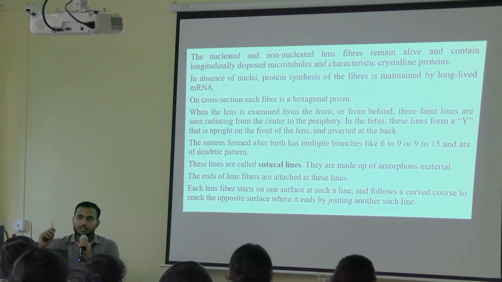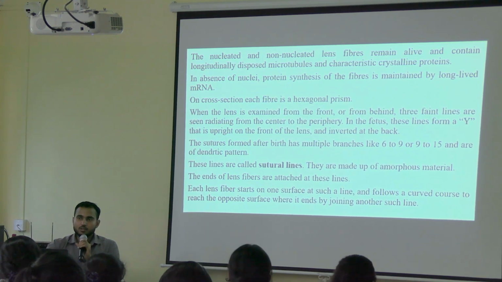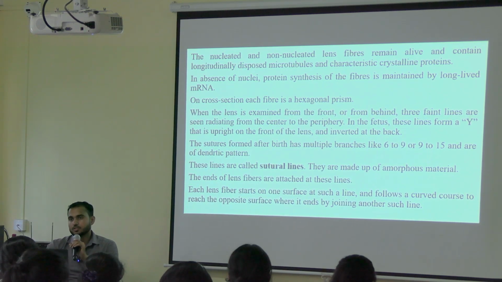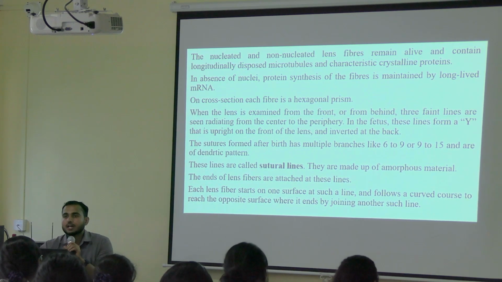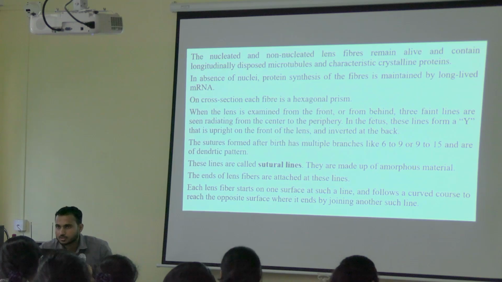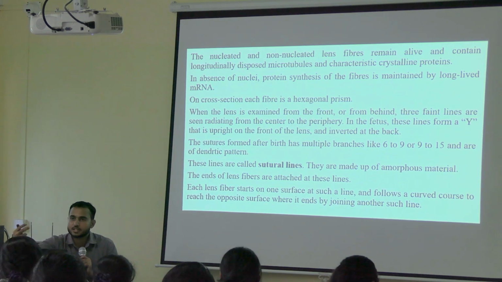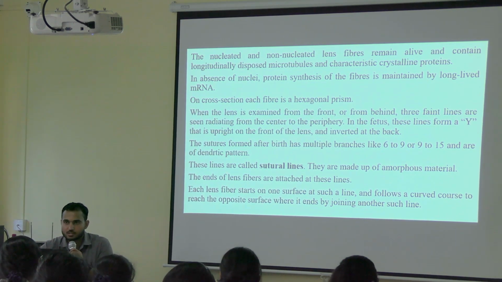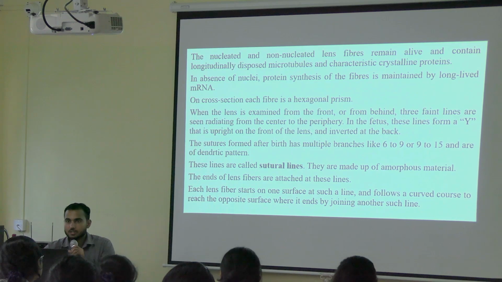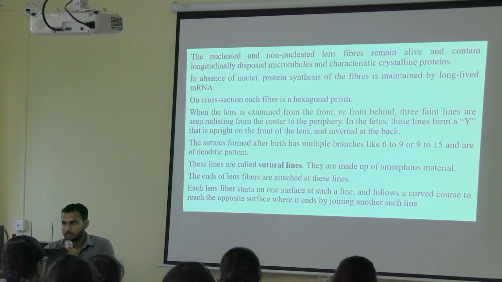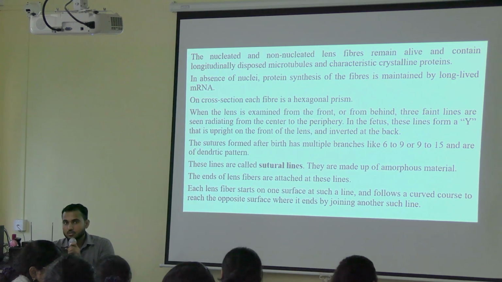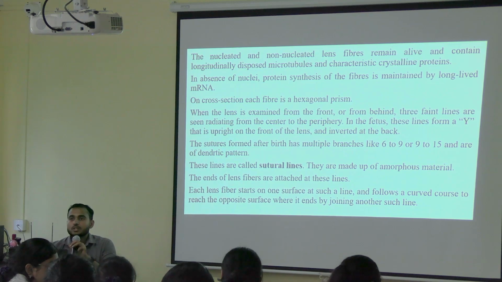Now another machine is there, not in all the shops, but in a few shops, where they will ask you to put your chin like this, and from the opposite side they will look through your eyes. I hope you have seen that machine. It is called the slit lamp.